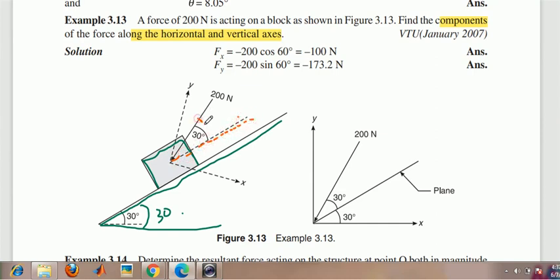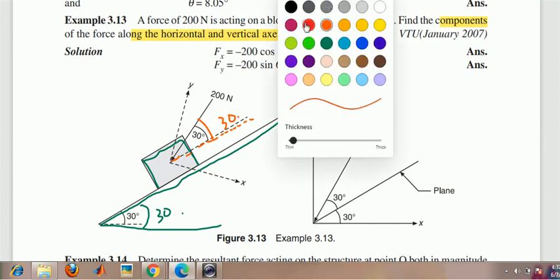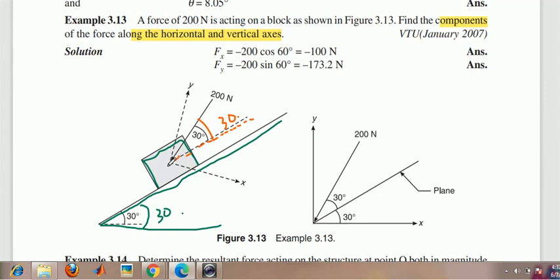So this angle is 30. But we want the inclination of the force with respect to the x-axis. So we need to consider this 30 plus the remaining 30, that is 60 degrees.